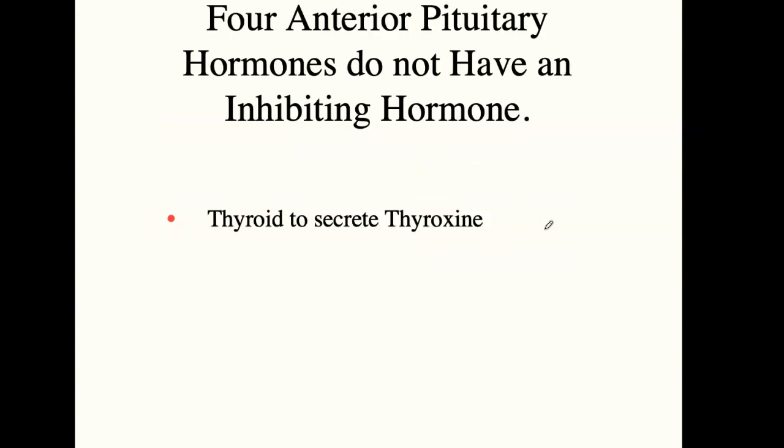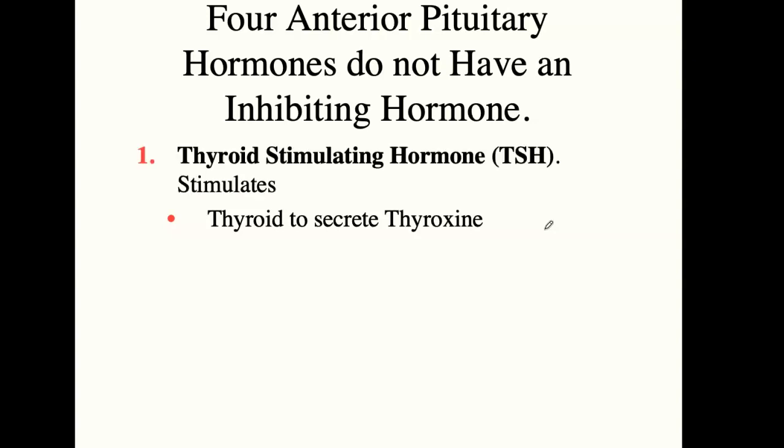Okay, so we've talked about growth hormone. We've talked about prolactin. Now we're going to talk about 4 other ones to make up the total 6 that are produced by the anterior pituitary. Those 4 other ones don't have an inhibiting hormone that kind of holds it in place. What are they? The first one is thyroid stimulating hormone, TSH. TSH does what? It comes from the pituitary.